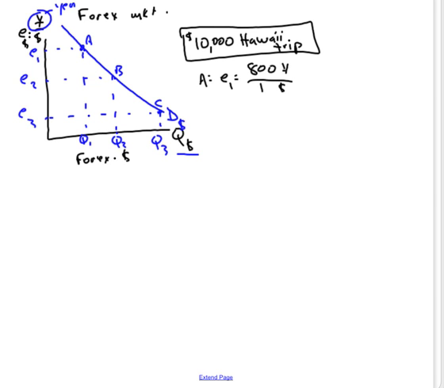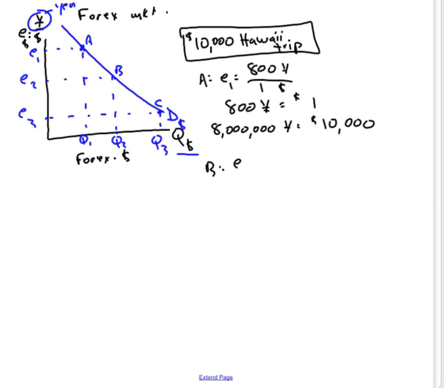Well, if it takes 800 yen to buy $1, then it costs how much? 8 million yen. If 800 yen equals $1, then 8 million yen equals $10,000. But what if the exchange value of the dollar falls?